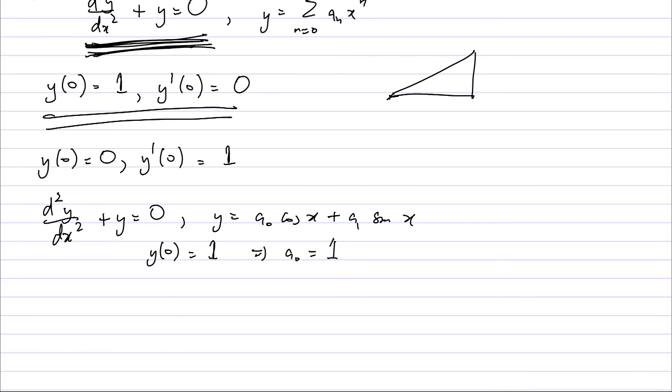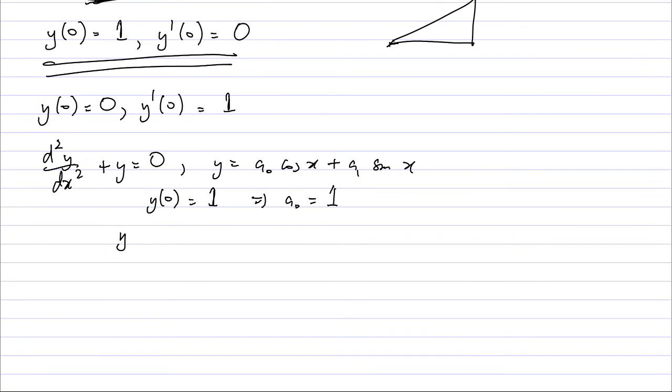And y prime of 0 is going to be given by the derivative of y with respect to x, which is minus a naught sine of x plus a1 cosine of x.